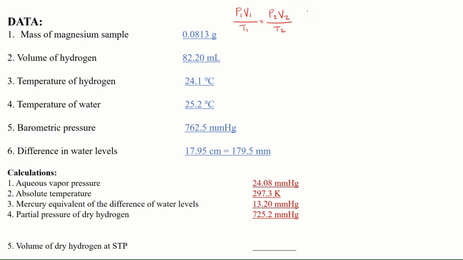So for experimental condition, the pressure of dry hydrogen gas, because remember that's what we're looking for here to compare dry hydrogen gas at STP. At experimental condition, the partial pressure of dry hydrogen gas was 725.2 millimeters of mercury.